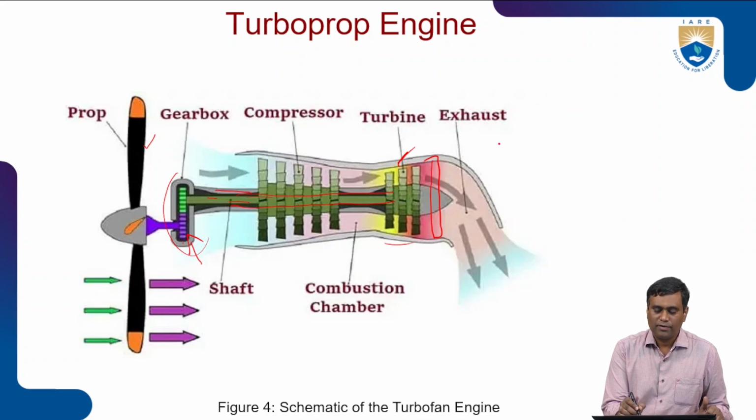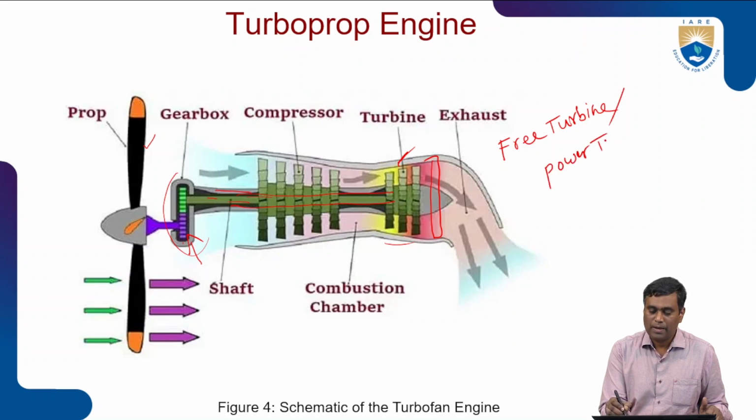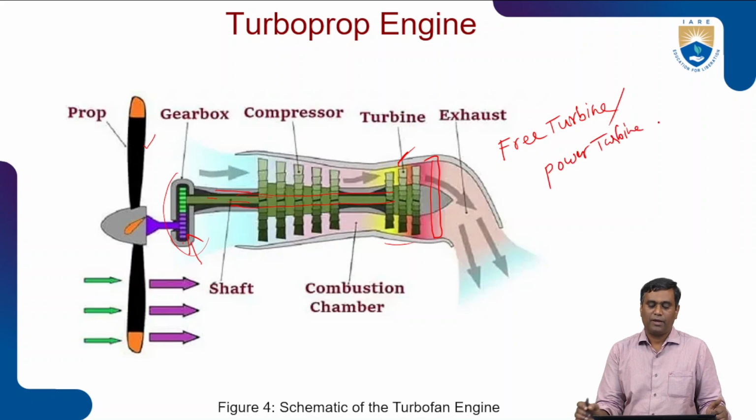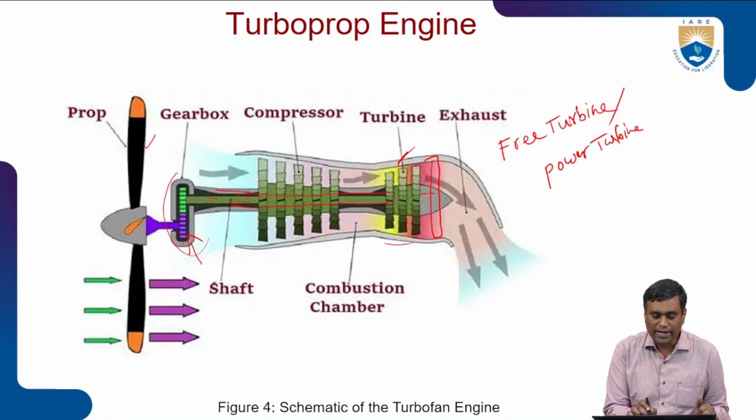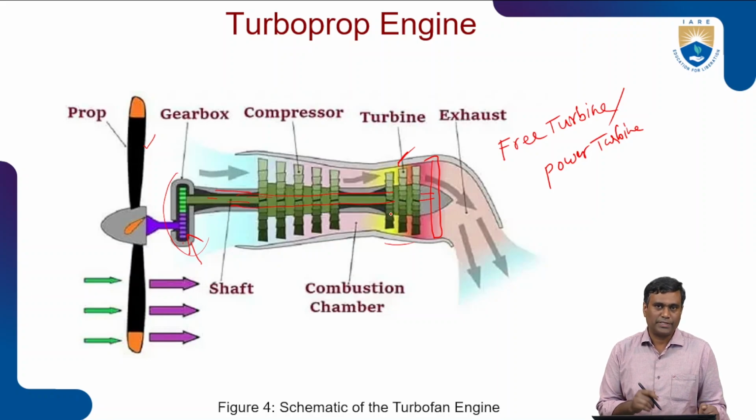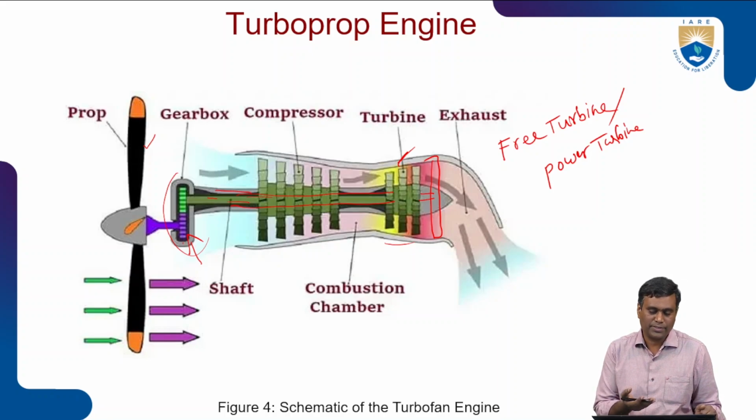This is the free turbine or power turbine. It is a power turbine actually, and it is also called a power turbine because it is the main source of the power. Otherwise, it is also called a free turbine because this turbine will not be connected to the first stage of the compressor, that is the high temperature or high pressure turbines.